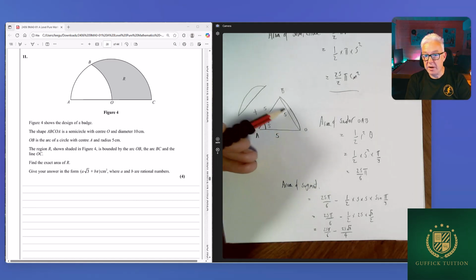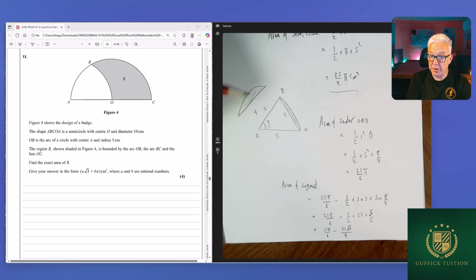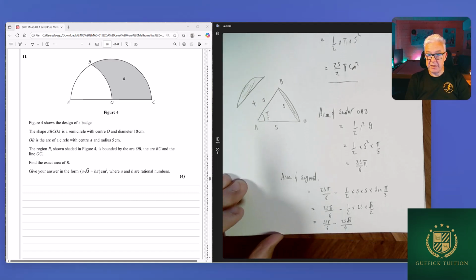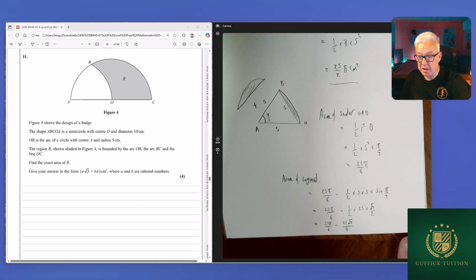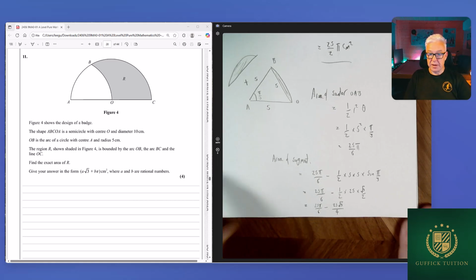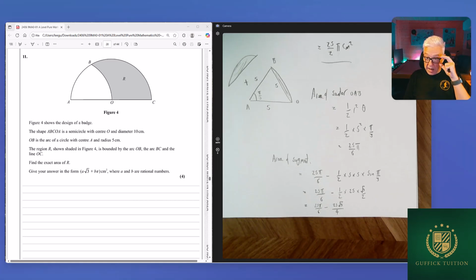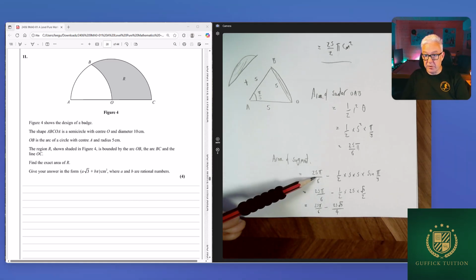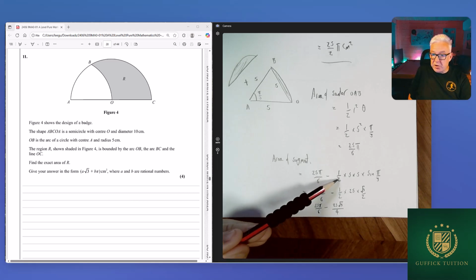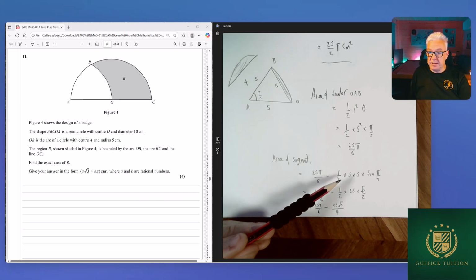Now let's find the area of our segment, which is this one here, and it's the same as that one there. So the area of a segment is going to be the area of a sector minus the triangle. So that is going to be our 25 pi over 6 for our sector, take away the triangle, and we're going to use half ab sine C for that.